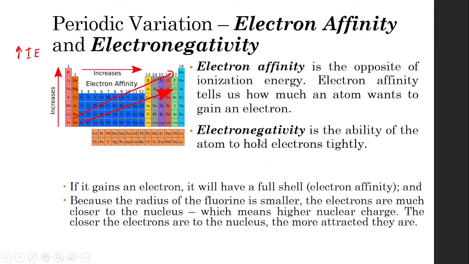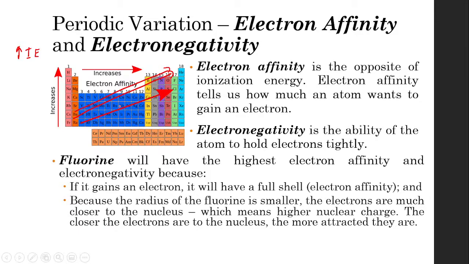Electronegativity is how much it wants to hold onto that electron, and it also has a direction going towards this way. So if you look here, fluorine actually has the highest electron affinity and electronegativity.